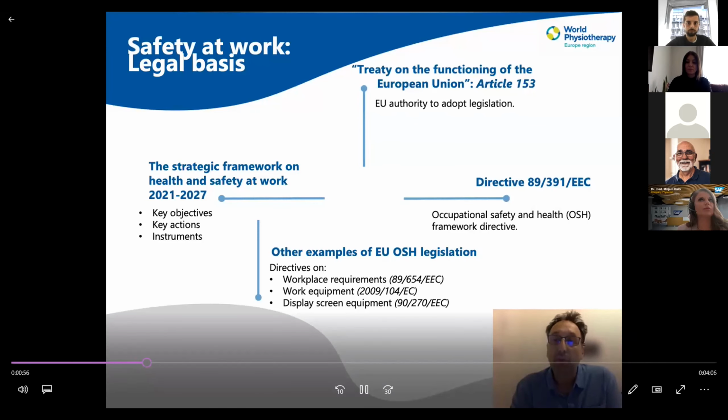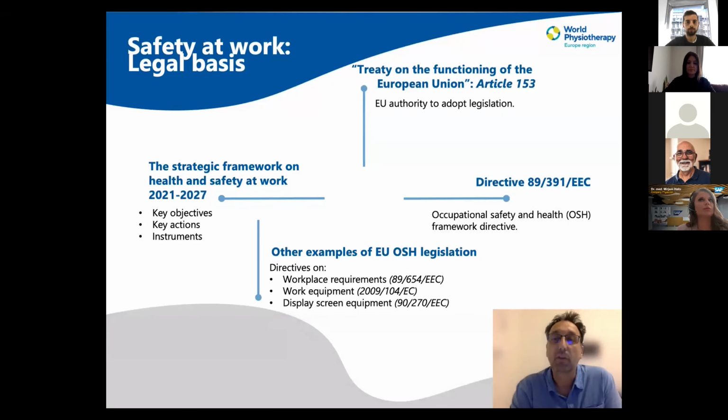Furthermore, we have the European Strategic Framework on Health and Safety at Work, running currently from 2021 to 2027. This framework defines objectives, key actions, and presents instruments to aspire to those objectives.